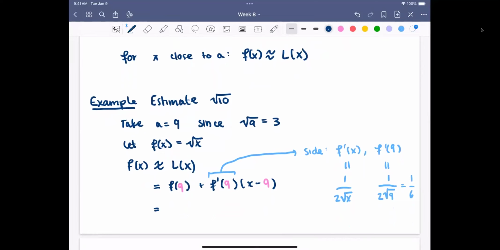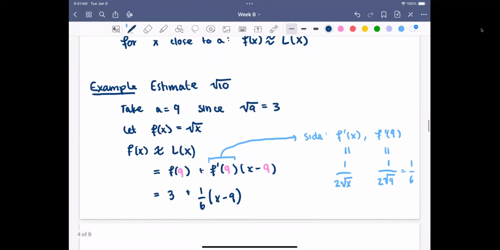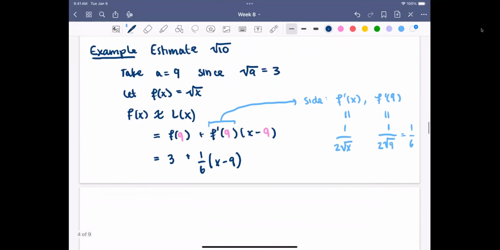So f of 9 is 3, and we're adding f prime of 9, which is 1/6, times x minus 9. Okay, so that's our linearization at a equals 9. Are there questions so far?